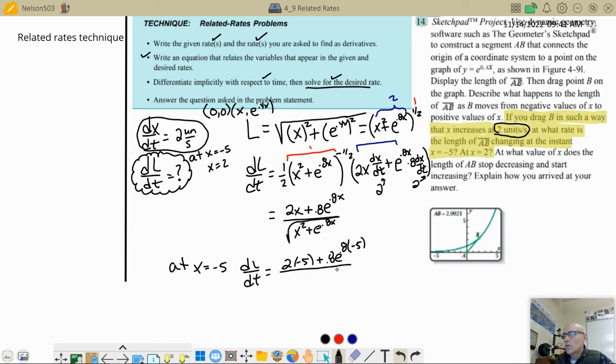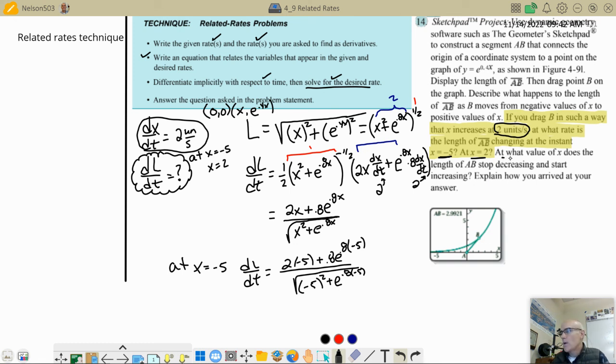And then that's all over the square root of -5 squared plus e to the 0.8 times -5, right? This is time for Desmos. We're plugging all that into Desmos, trying to get a decimal approximation, or we're going to simplify it as much as we can. But we're doing this part right here where it says x equals -5 and x equals 2. That's the related rates part of this problem.